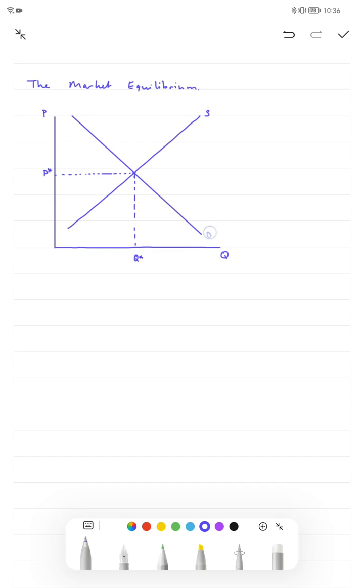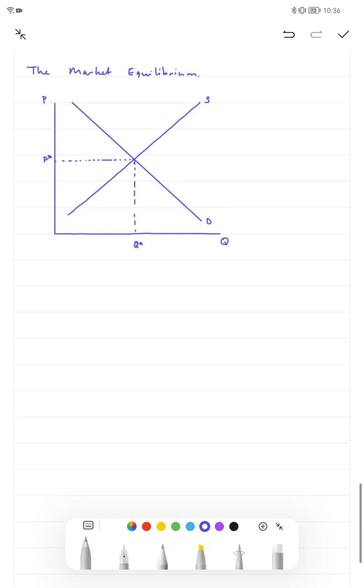Using this graph, you actually get quite a lot of information. Firstly, let's look at it from a supplier's point of view. You have something called the total revenue. This is the total amount of money a company makes from selling a good or service. And this would be the price at which they sell it times the quantity at which they sell.